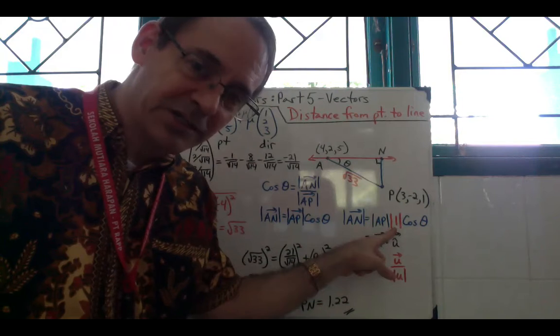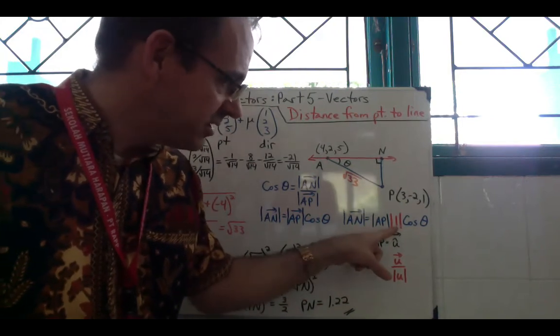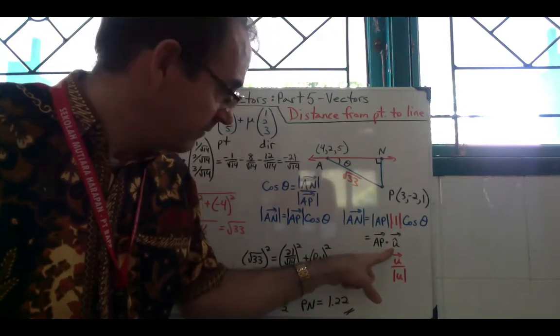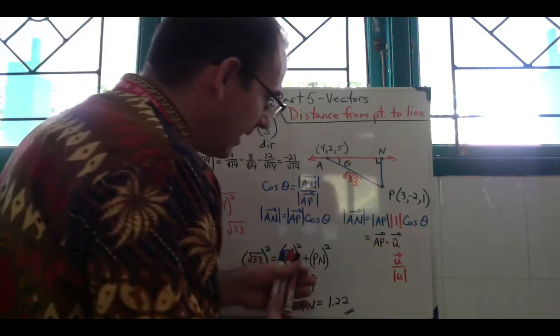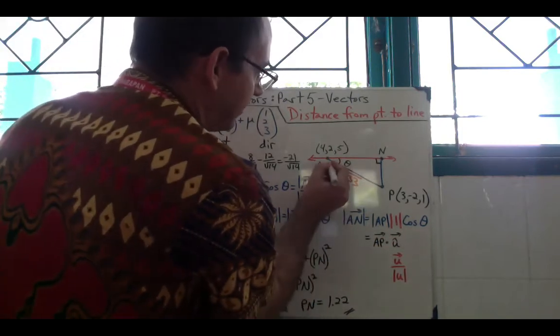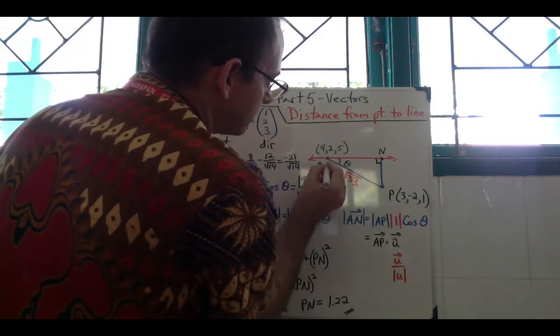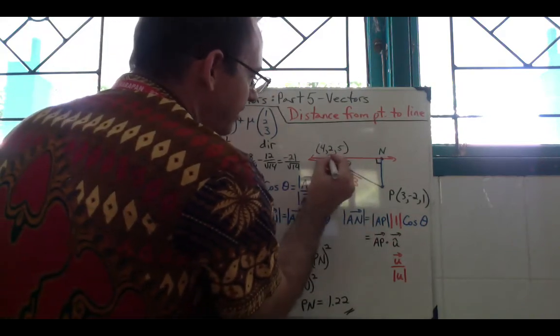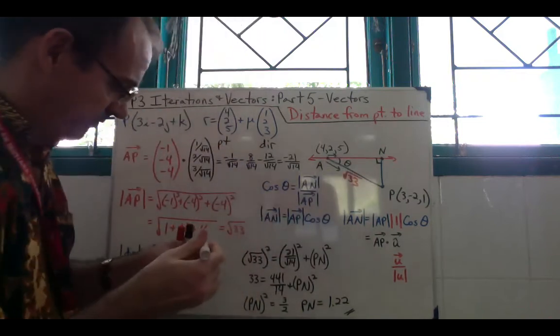Well, what's the direction of 1? The direction of 1 would be the unit vector direction. So what we have is direction AP, that's going this way, and direction of the unit vector, which is this way.